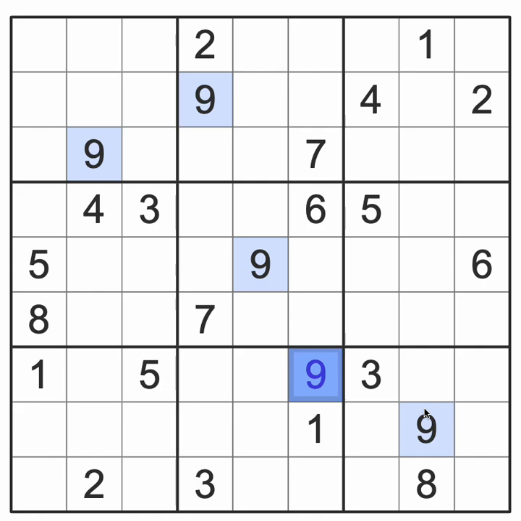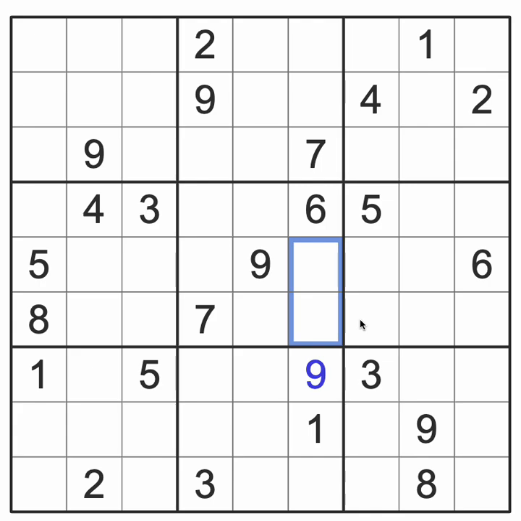Another thing this 9 does, by closing this cell, now I'm looking at column 6. 2 has very limited cells to go to. 2 here blocks this cell, this 2 blocks these 2 cells, so 2 will be here or here, meaning these cells cannot use 2.